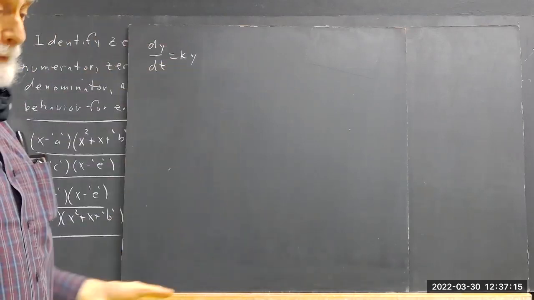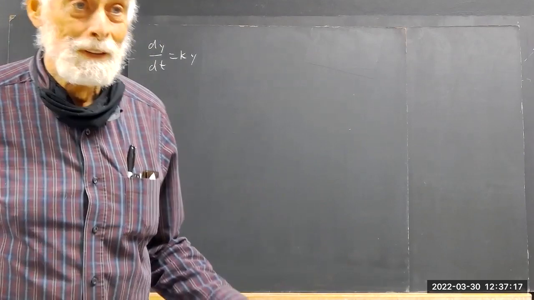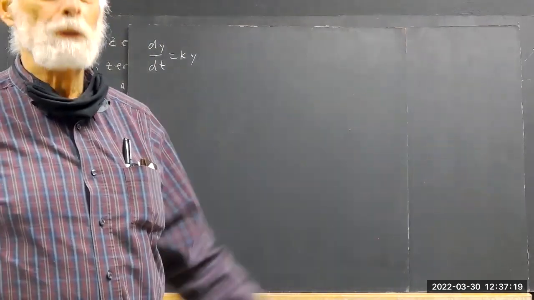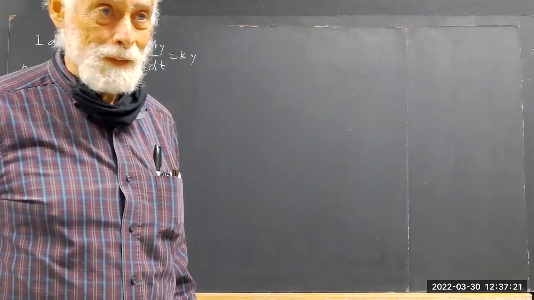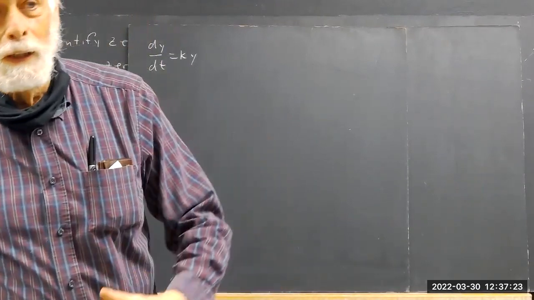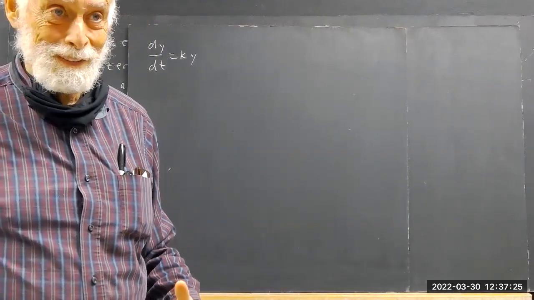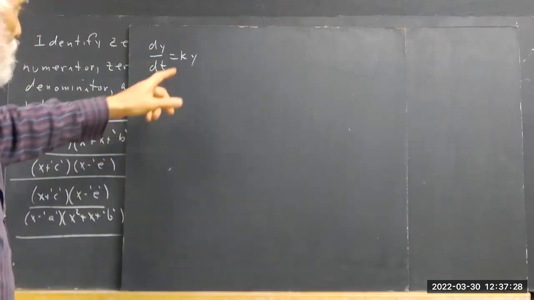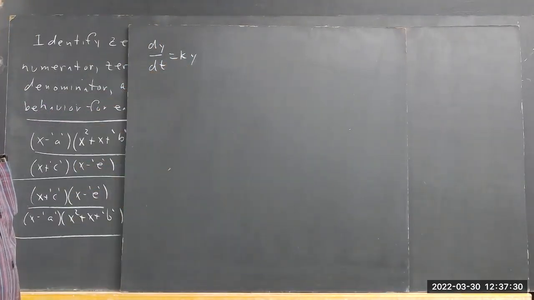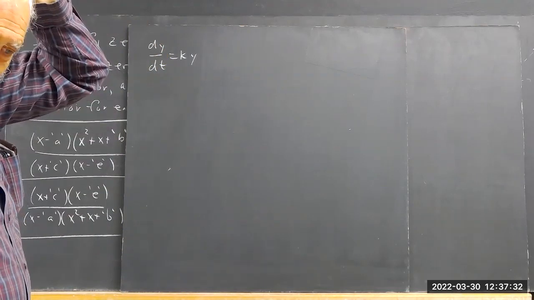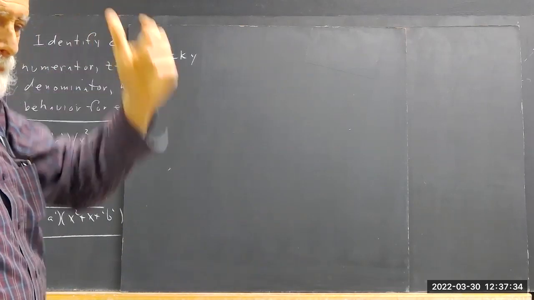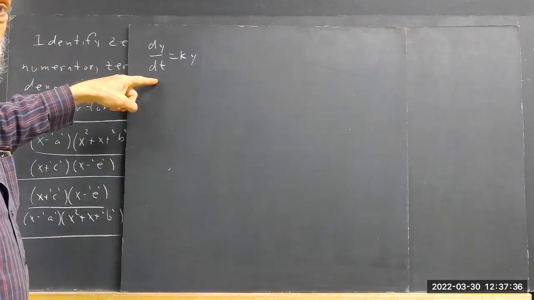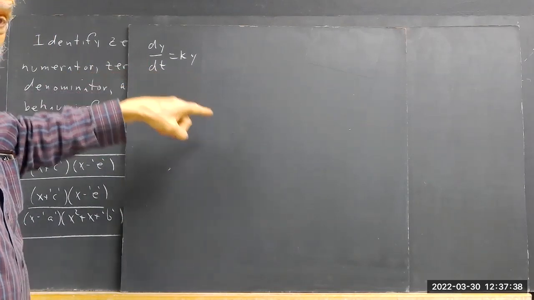If it's money, it's compound interest, compounded continuously. Okay, if T is measured in years, you've got $1,000 in the bank.